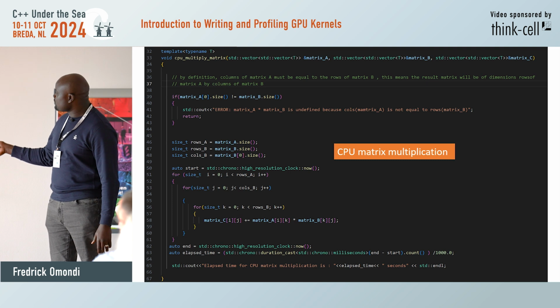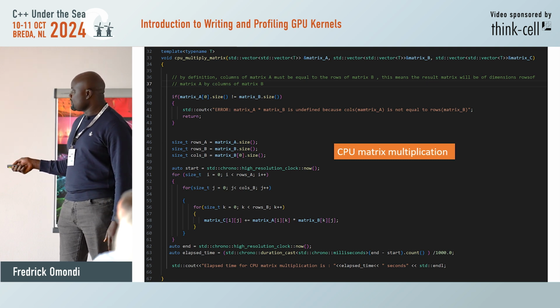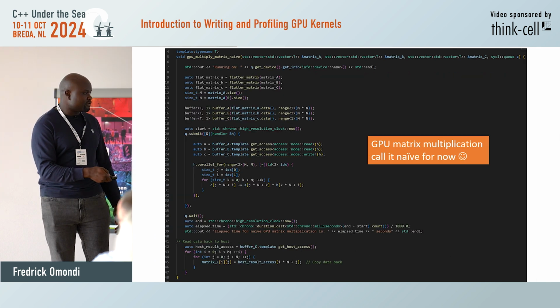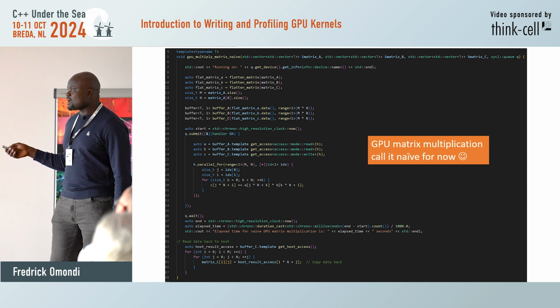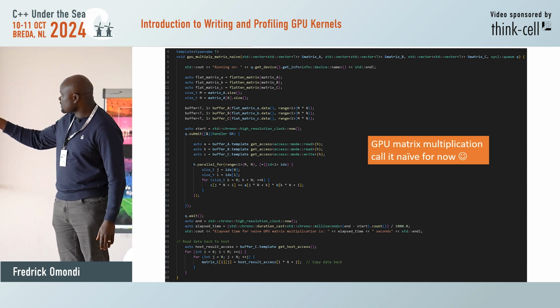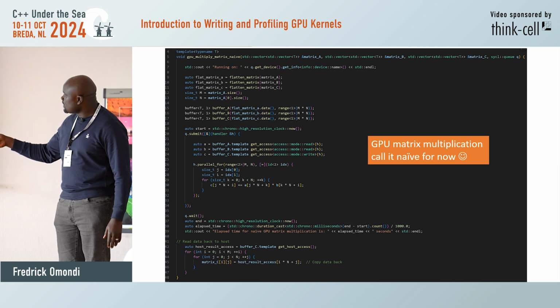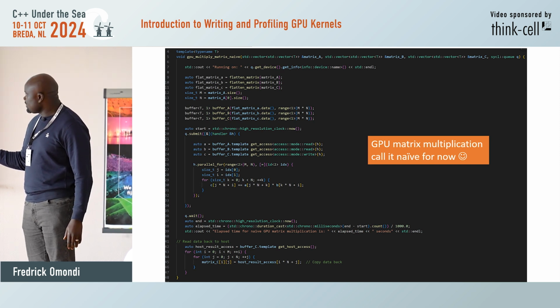When you do the CPU matrix multiplication, it does the job, and we log the time. When you come to the GPU one, this is how it looks. I'll just go straight to the kernel, because you guys are very familiar with the rest.